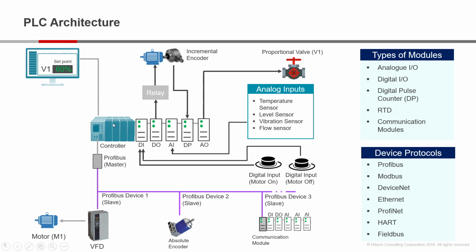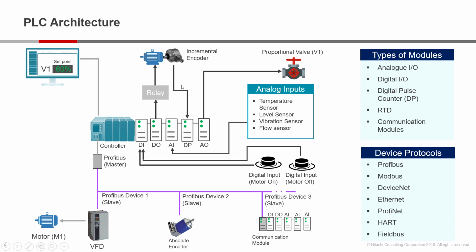The controller processes it and sends it to the AO, analog output card. This generates an output which can be in the form of 4 to 20 milliamps or 0 to 20 volts, whatever the control signal requirement is, and that signal is sent to this valve, and this valve operates. That is the general flow of the signal.